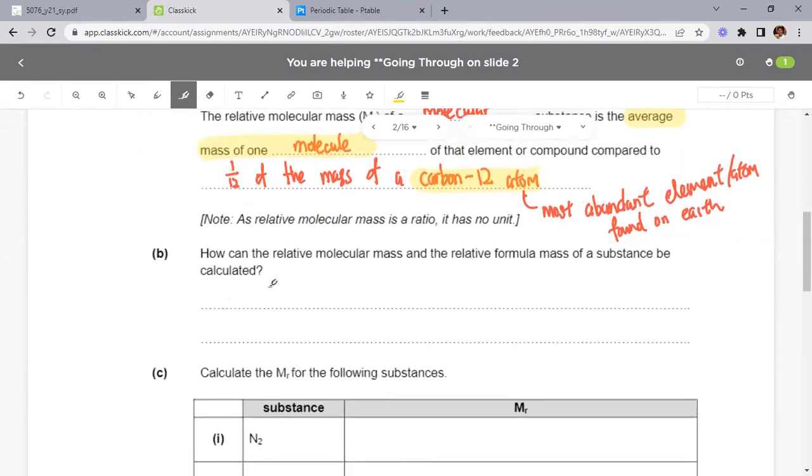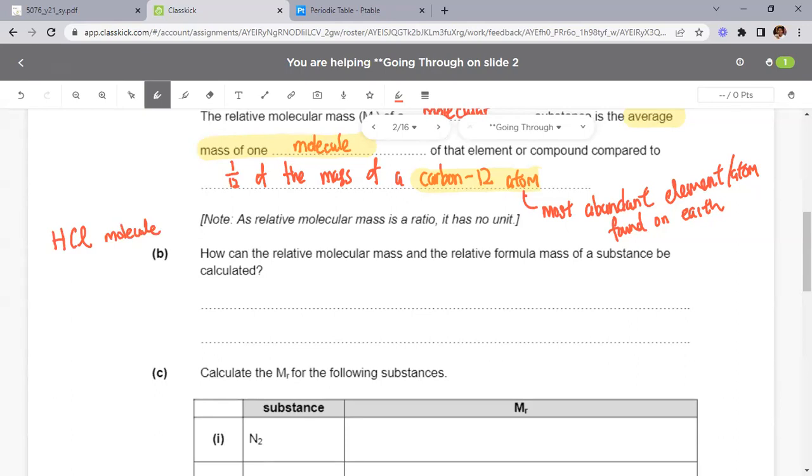So the question now is, how can I calculate the relative molecular mass and relative formula mass of a substance? Very simple. I will show you an example first. Let's say I want to find the mass of HCl. HCl is a molecule. I want to find the mass of one HCl molecule.